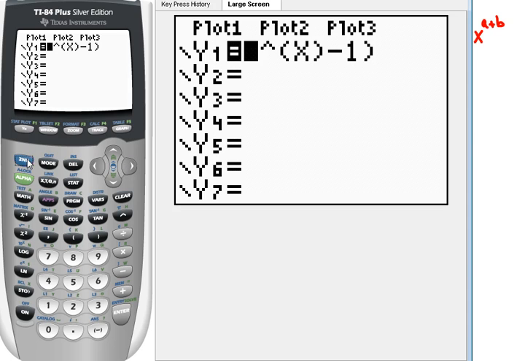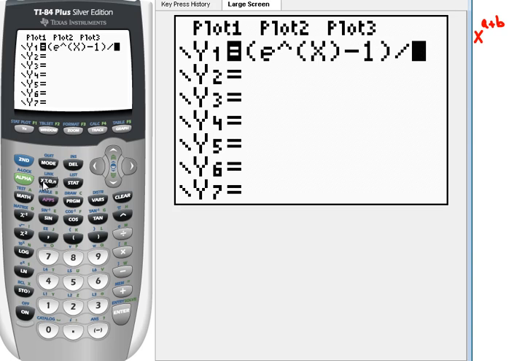Second, insert, add a left parenthesis there, and we go back and divide that whole expression by x, and recall that we want the limit of that as x approaches 0.